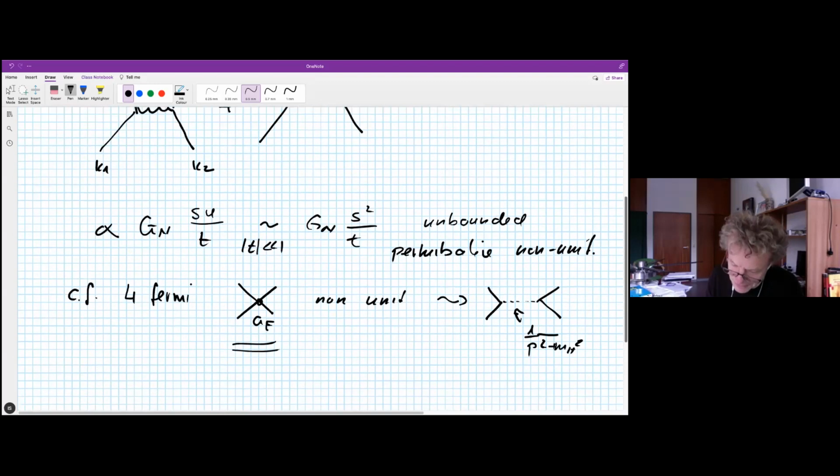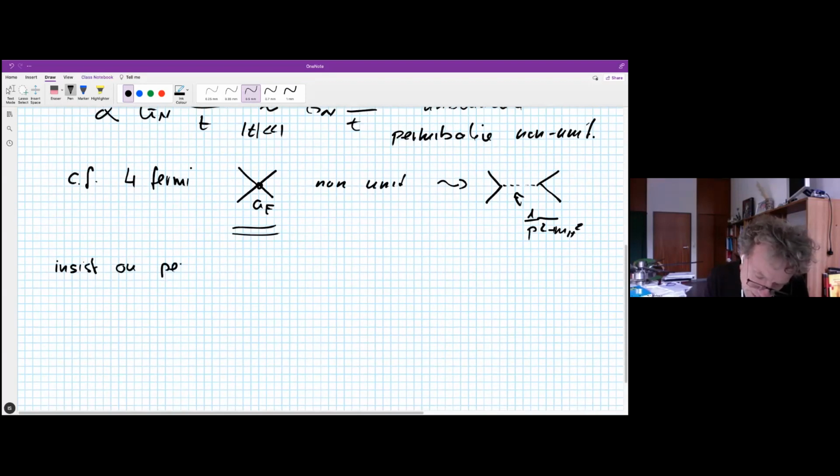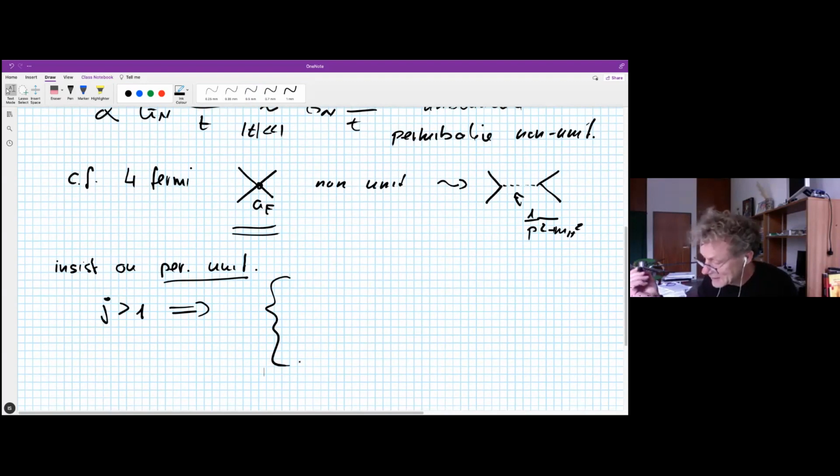So if you try to do that, suppose you insist on perturbative unitarity. Then what one will find is that if you want to include one particle of spin bigger than 1, say the graviton, then perturbative unitarity implies that it's not enough to introduce a few more higher spin particles, but you need an infinite number of those.